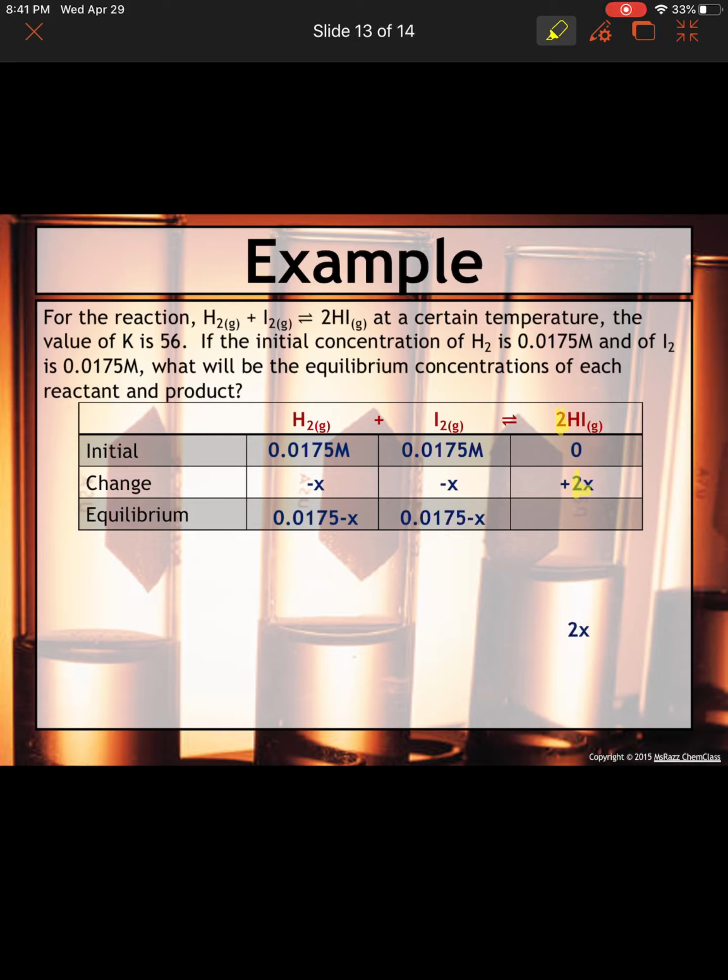Okay, sorry. So when I rewrite it, it's 0.0175 minus x times 0.0175 minus x, and then 2x. So starting with the Kc value, it looks like this, right? So we fill it in, it looks like this.